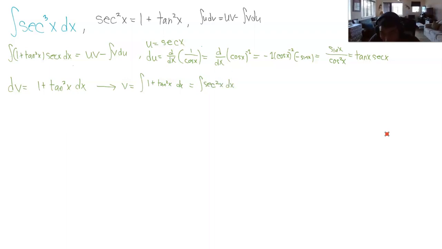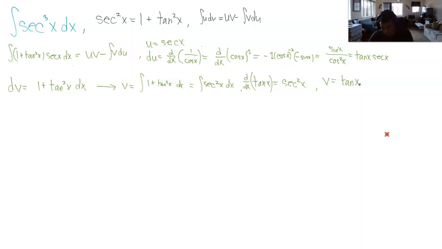Do we know the integral of secant squared x? Well, isn't it the derivative of tan x? If we take the derivative of tan x, I'm pretty sure it is secant squared x. So the antiderivative of secant squared x is just tan x, so v is equal to tan x.